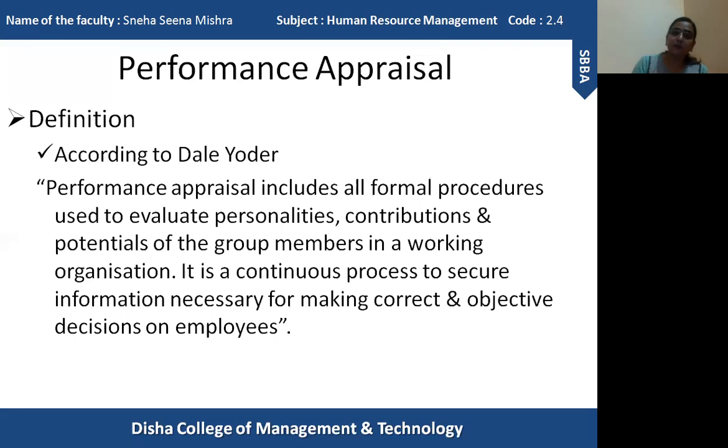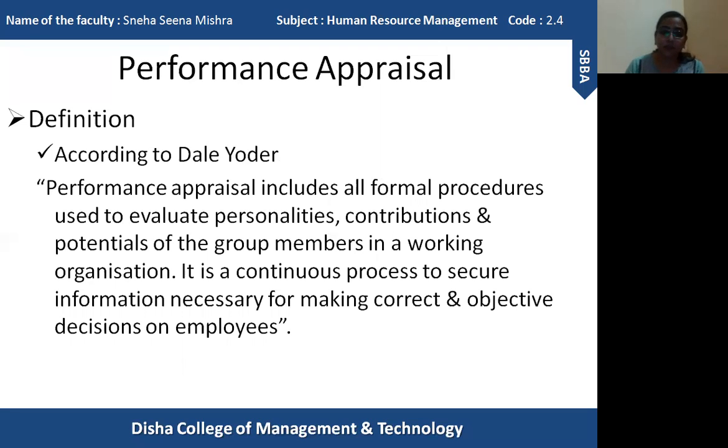According to him, performance appraisal includes all the formal procedures used to evaluate the same things: personality, performance, potential. And here he has used the word contribution, like an employee's contribution towards the achievement of organizational goals. Means to what extent an employee contributes towards the success of the organization.